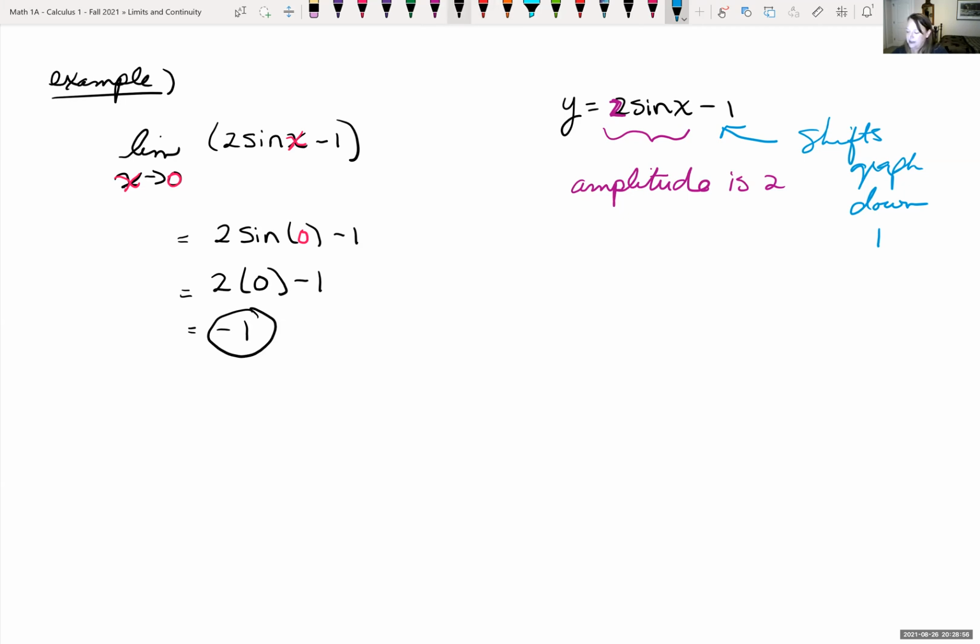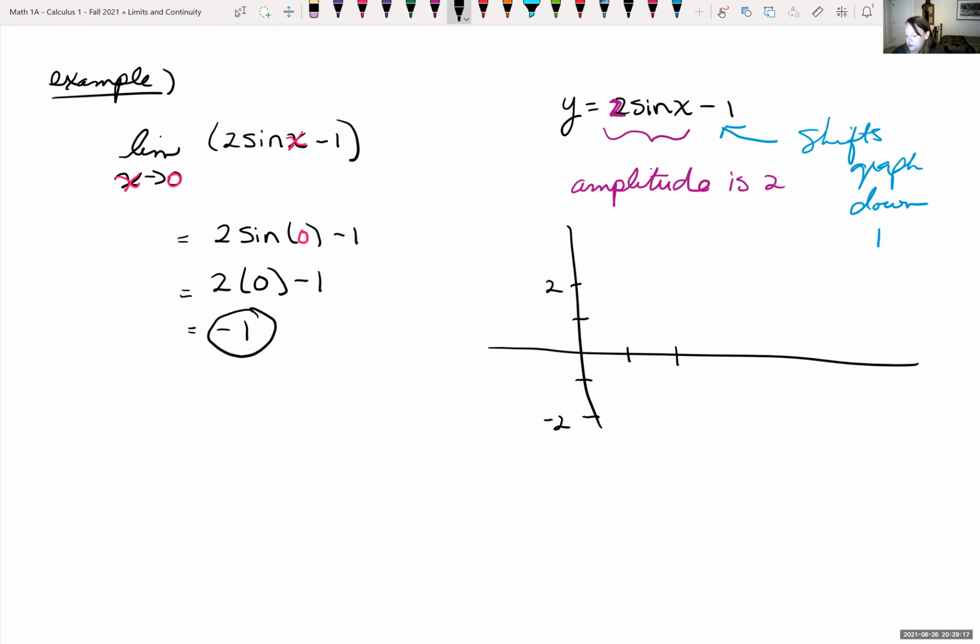And so I would think about my picture. So here, normally it would have been 2 and -2. My period is the same as 2 pi. There are no phase shifts in the graph.